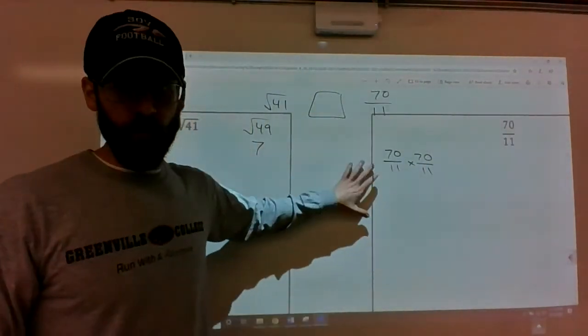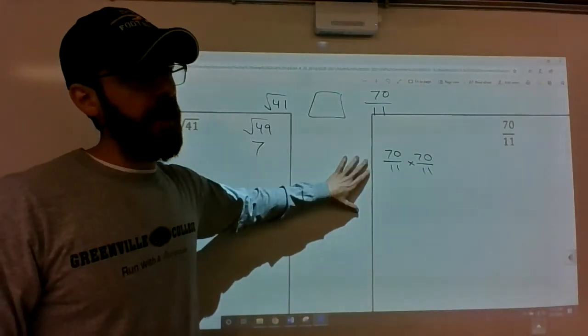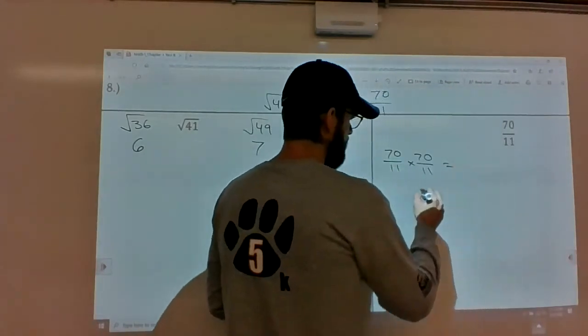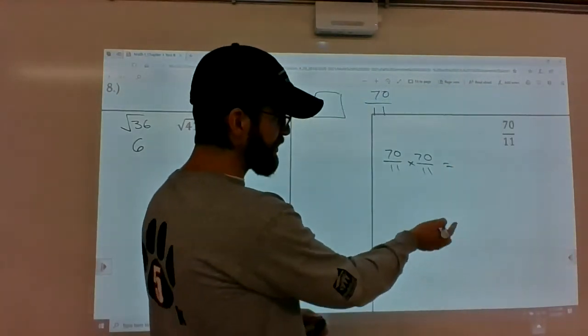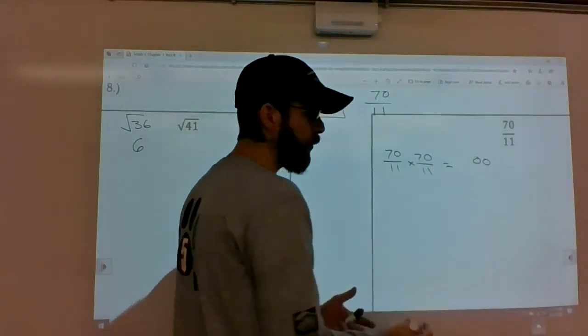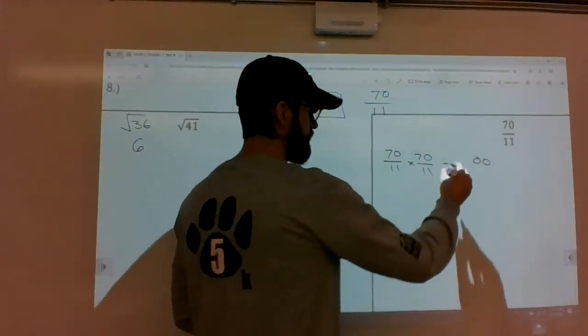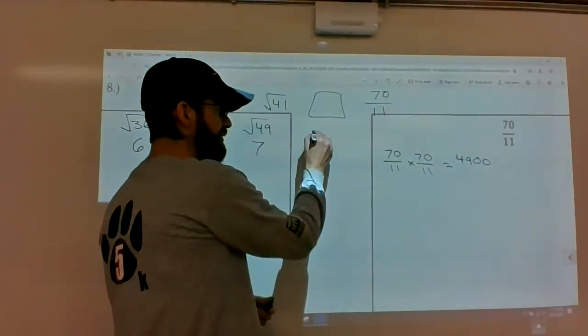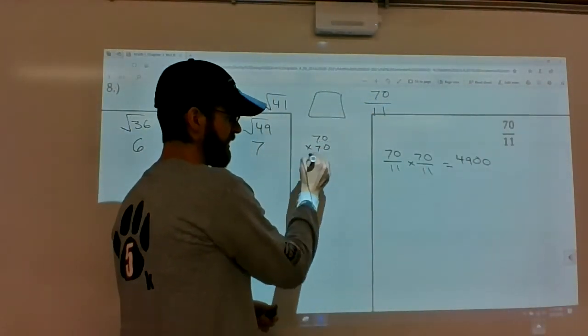This is actually a really, I don't want to say simple calculation, but when you think about it, 70 times 70 is really just 2 zeros and then whatever 7 times 7 is, 4,900.